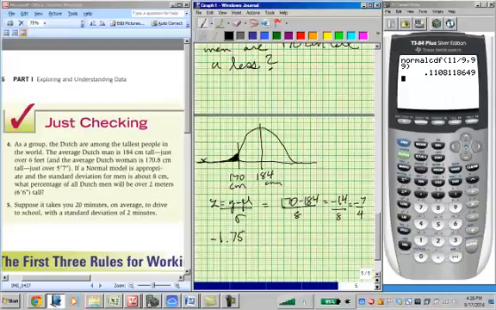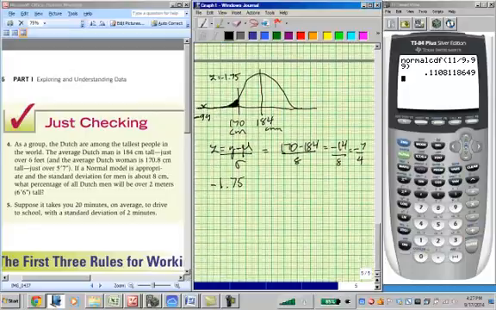It's a negative z-score. Why is it negative? Because it's to the left of the center. z equals negative 1.75. And now we want to go from negative 1.75 to negative 99, as far as we can go into the left. Understand that negative 99 is to the left of negative 1.75. Let me make sure I didn't screw up this calculation. 170 minus 184, that's negative 14 over 8, negative 7 over 4.